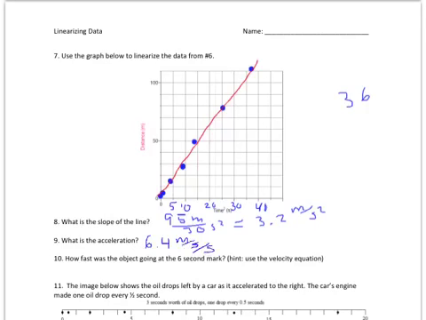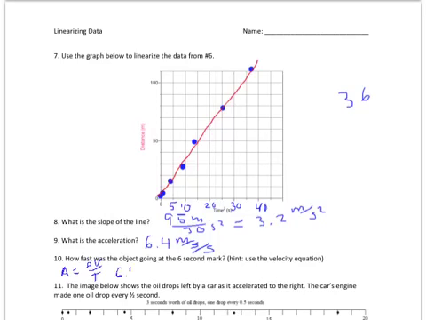How fast was the object going at the 6-second mark? Now remember, fast is velocity, and here's how I'd solve that. At 6 seconds, I'm going to use this equation basically: acceleration equals the change in velocity over time. I'm looking for v, so I need to solve for it.